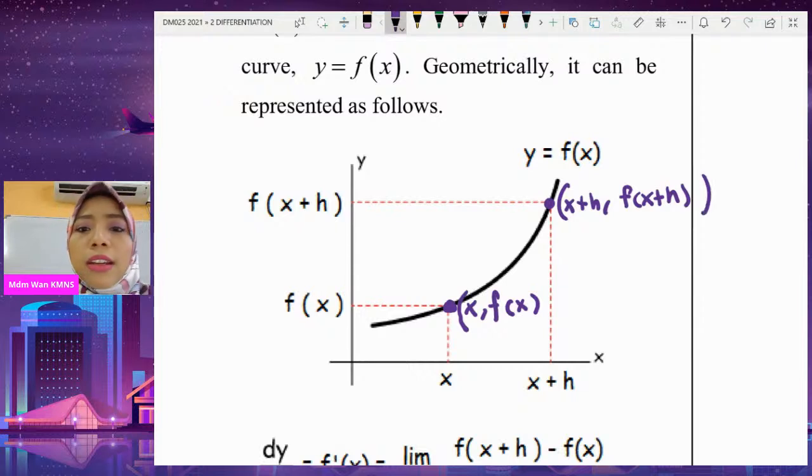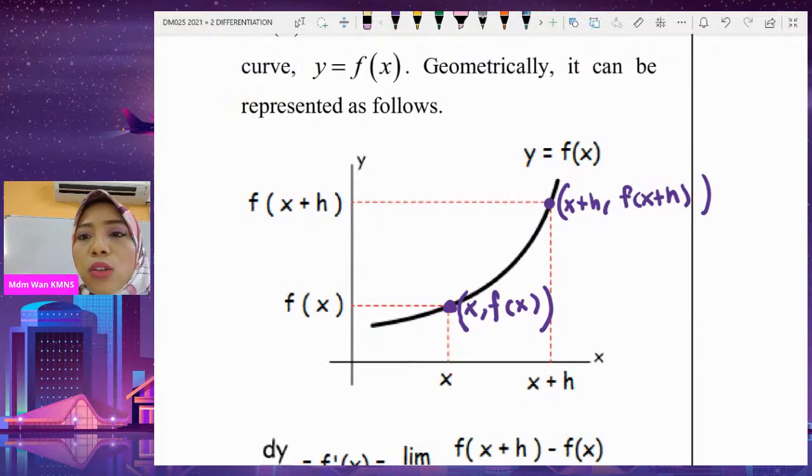Can you understand why I wrote this in such a way? It is the usual coordinates: if this is 3, we write 3, if this is 6, we write 6, if this is 8, we write 8, and if this one is 18, we write 18. So here is the difference, the h or the dy.